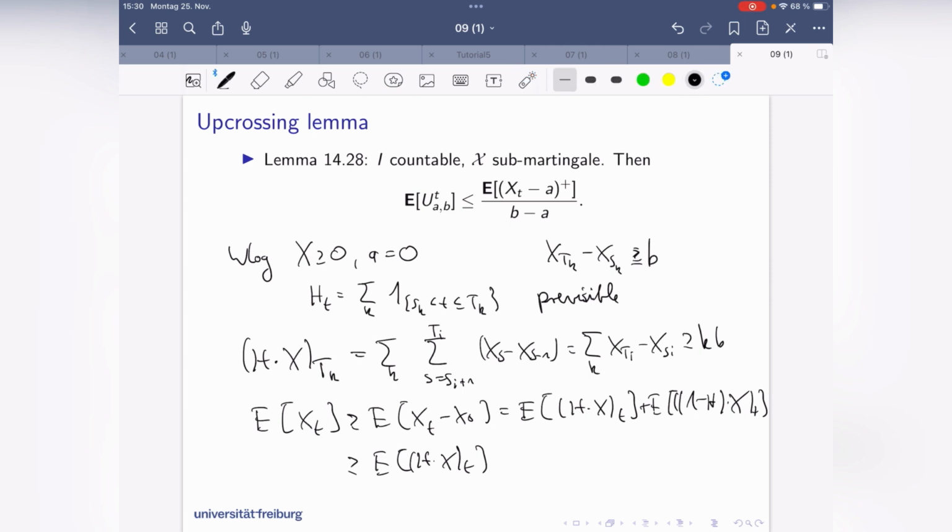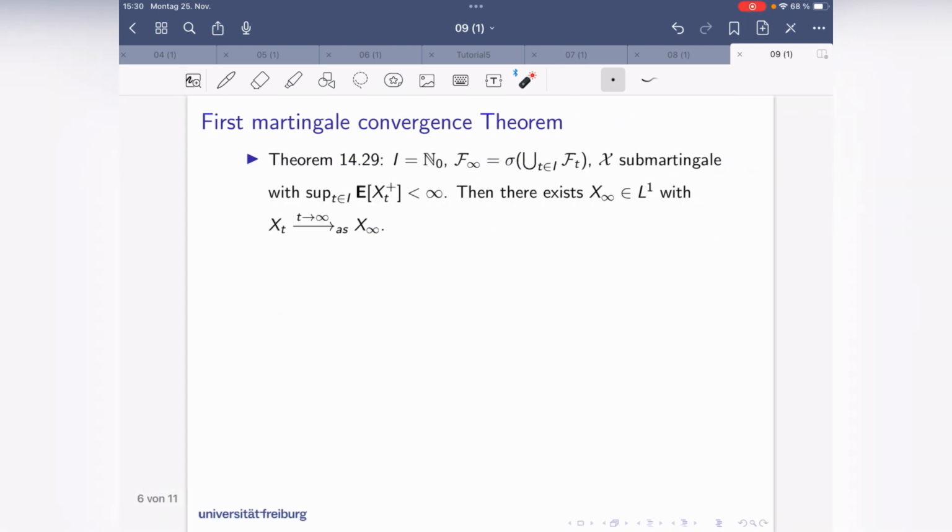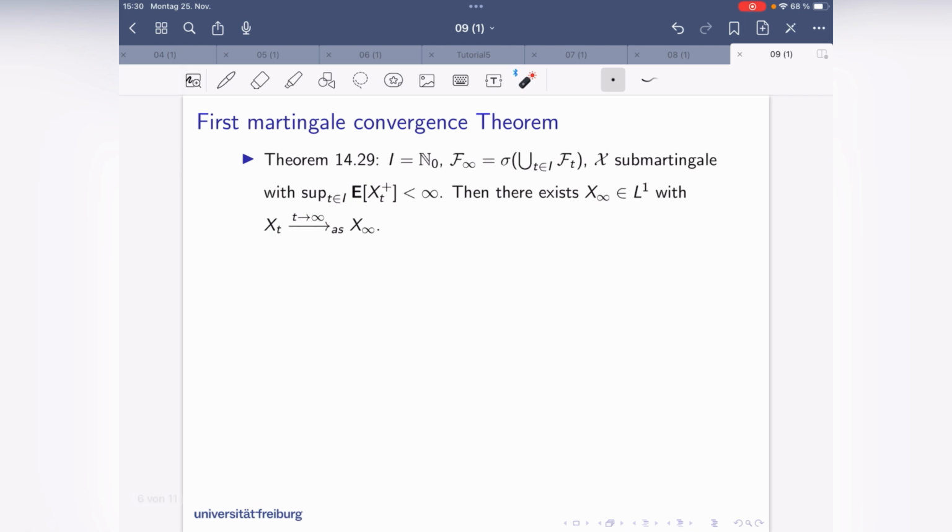And more generally, that's at least b times the expected number of upcrossings between 0 and b by time t. And with this, I have already shown this upcrossing lemma. And now we can come to the first martingale convergence theorem.